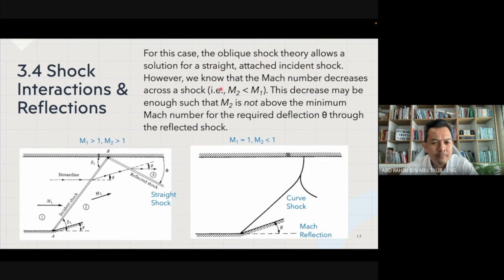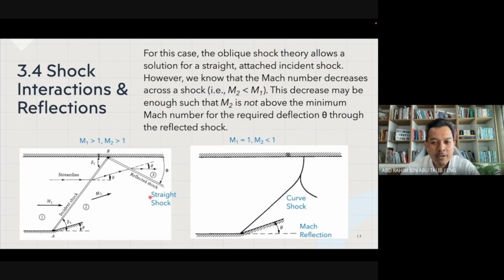However, we know that the Mach number decreases across a shock, because when a flow crosses the shock wave, the Mach number decreases. And this decrease may be enough that the Mach number in region 2 is not above the minimum Mach number for the required deflection theta through the reflected shock.